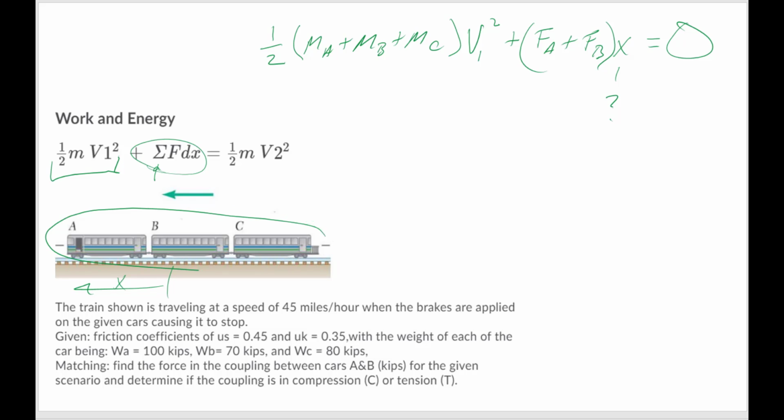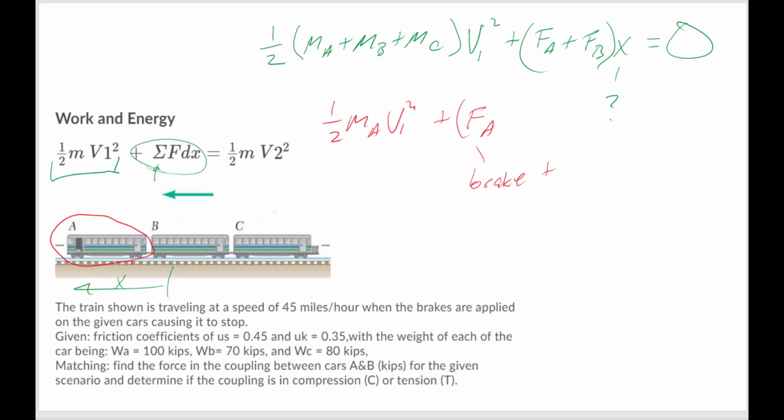Instead of looking at the entire system, I can tear this thing apart and maybe just look at train A. If I'm just looking at train A, then I would start with just the kinetic energy of train A. And then I would look at just the forces on train A. In this case, it might be a brake force.